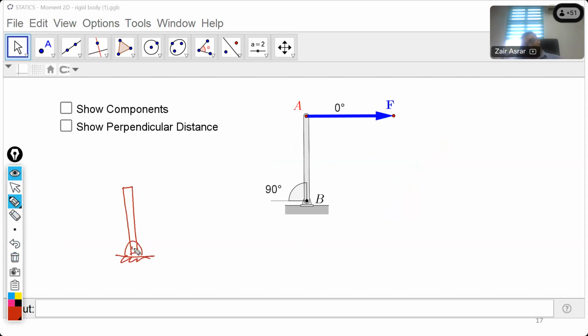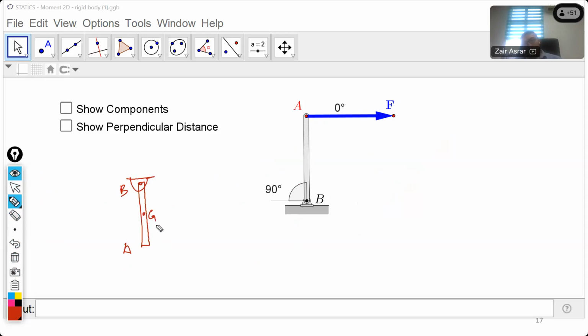At point B, I have a pin joint. To make this simpler for you to think about, let me change this to a different orientation, something like this. So here is B, A. The weight is somewhere here.